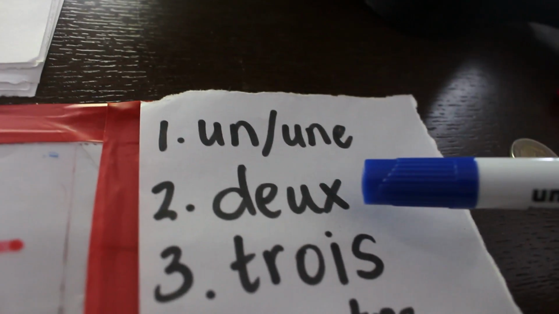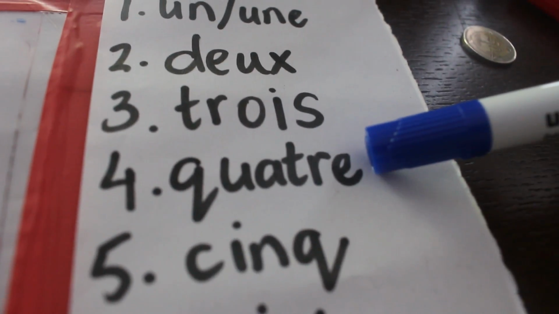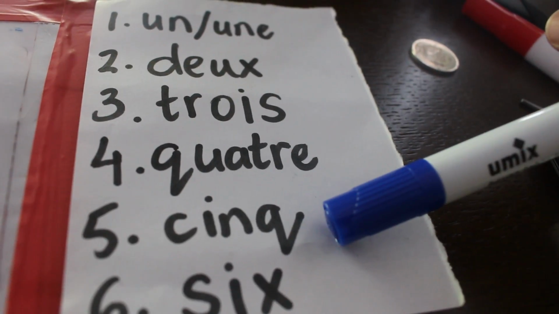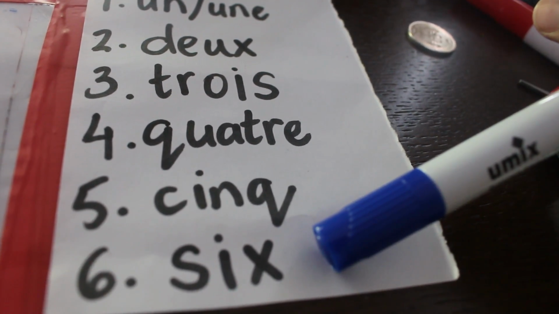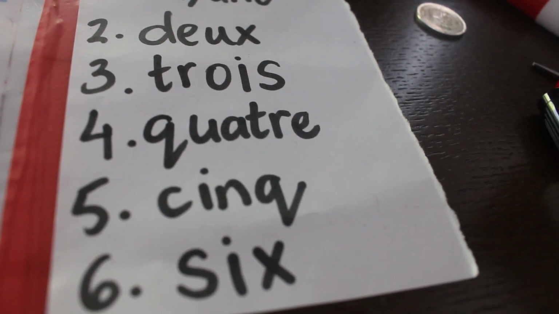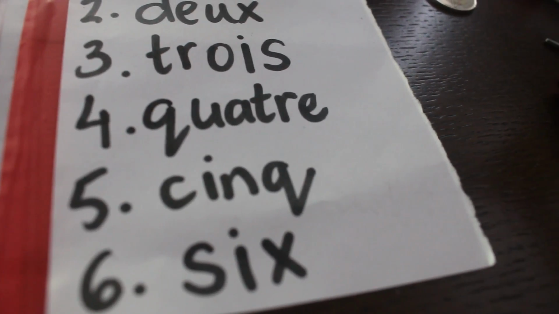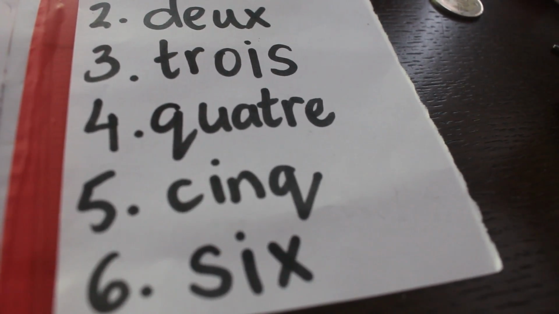Un for 1, deux for 2, trois for 3, quatre for 4, cinq for 5, six for 6. Six is the easiest because it's as simple as a 6 in English, but you pronounce it as six.